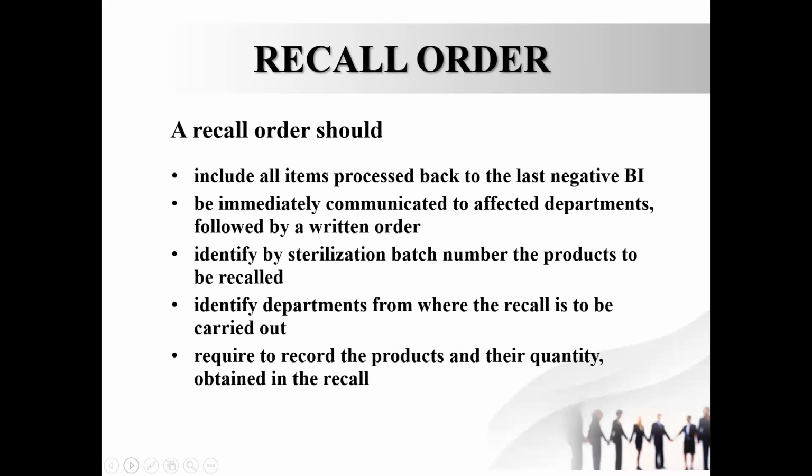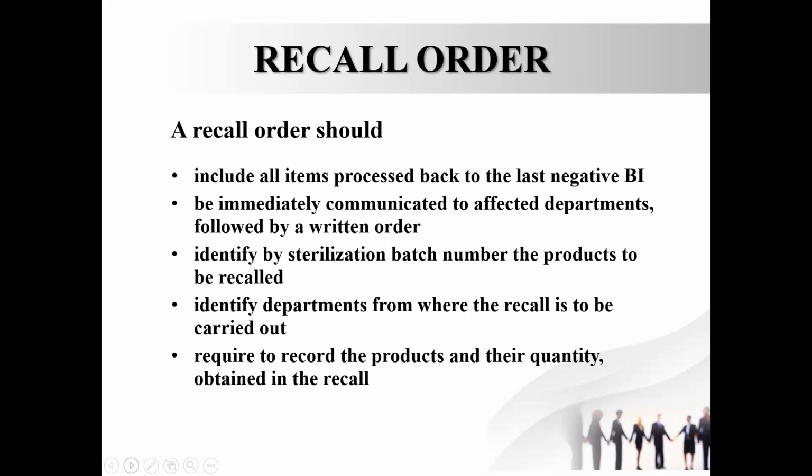So now we have decided to issue a recall order. What should it include? It should include all the items processed back to the last negative BI. And it should be communicated to all affected departments. Wherever you have issued the material from that load or from that cycle, you have to inform all those departments.